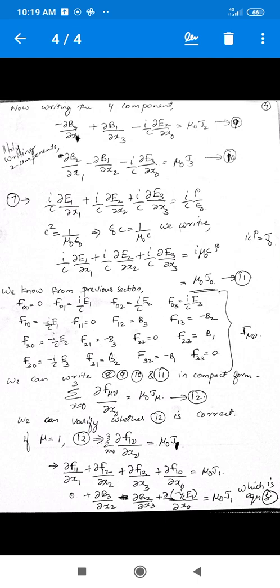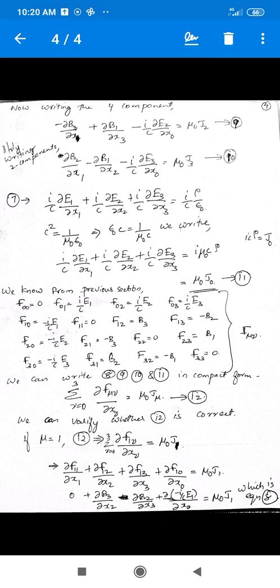So we will get i into mu 0 c rho. We know that ic rho is J0, since ict is x0. So J0 we have substituted there. So that means equation 11 we got, with right hand side as mu 0 J0.